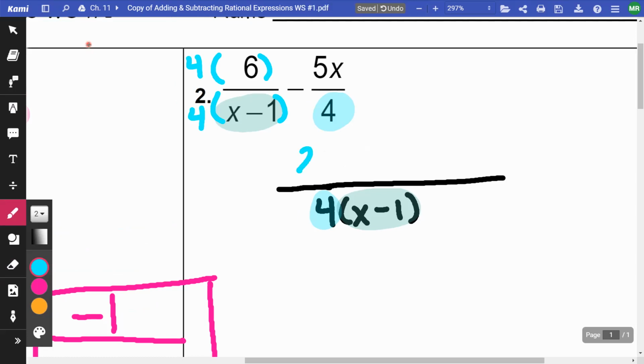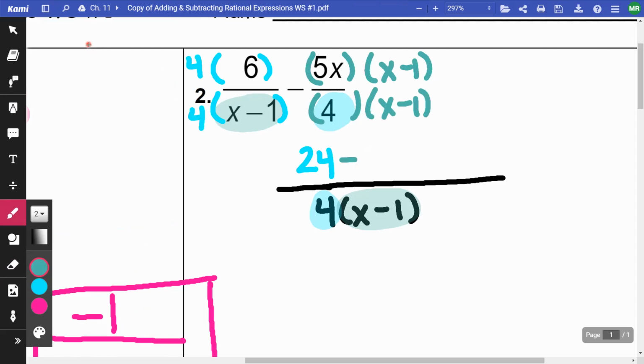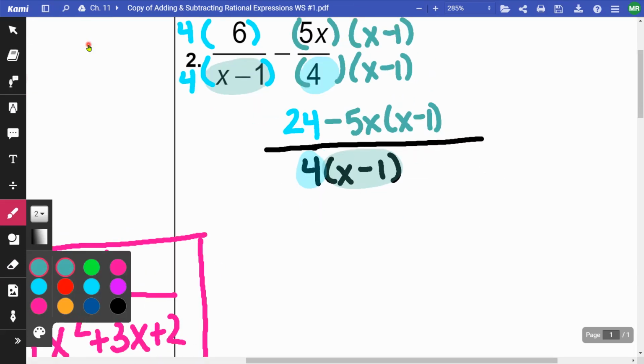So that is going to give me 24 on top. For my second one, I am missing an x minus 1, so I'm going to have minus, don't forget the minus, 5x times x minus 1. Let me clean this up.